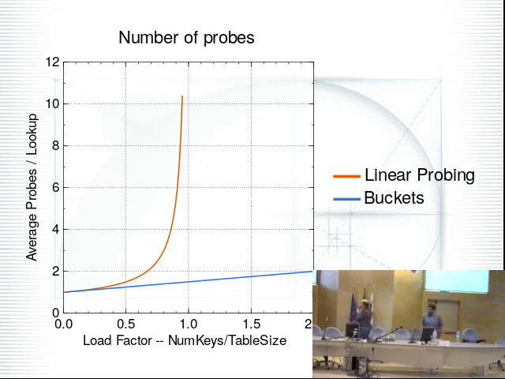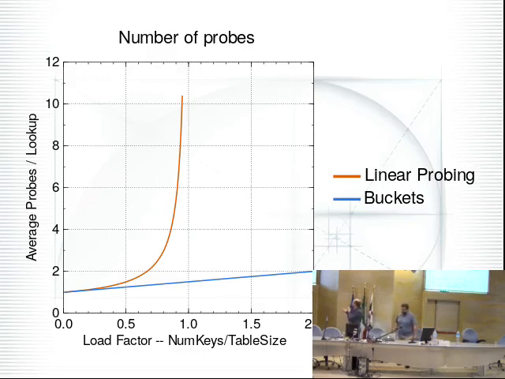So here we have a graph of, for the load factor, number of keys relative to table size, what's the average number of probes in order to do a lookup? So here, it obviously starts at 1. If you only have one key, then you can look it up and it's going to be the first thing you look at. So number of probes equal to 1.